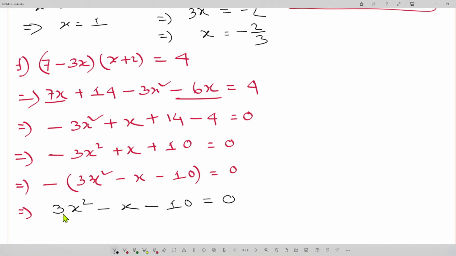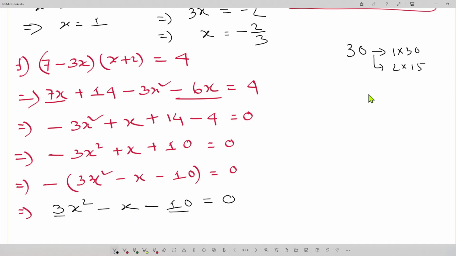Now look, here is 3 and here is 10, it will be 30. So for 30, we have to find two numbers. Once we multiply we will get 30, and once we make addition or subtraction we will get minus 1. So once we factorize, 1 times 30 and 2 times 15, 2 times 15, it means 15 minus 2 is 13, so here is only x.